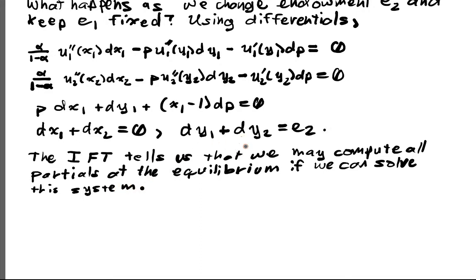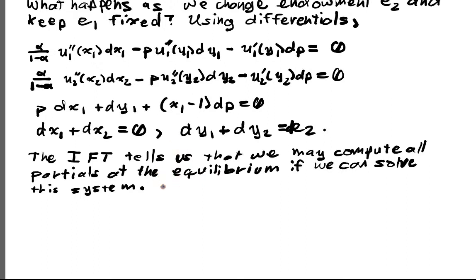So basically what we're saying is that everything here, this should be dE2, sorry, we're going to say that E2 is the only free variable in this system. So E2 is the only thing changing, and therefore we can take partials of everything, all these values, P, X1, X2, Y1, Y2, with respect to E2, or the change of E2.